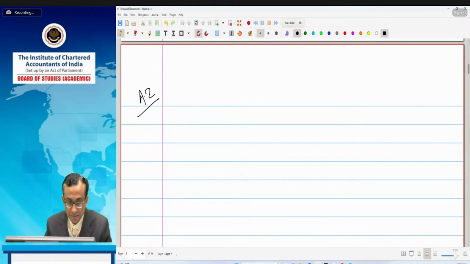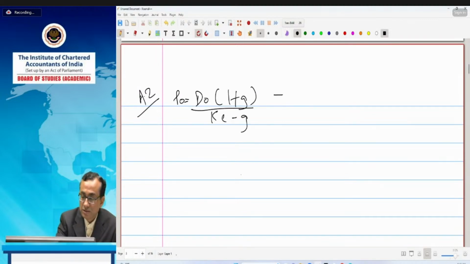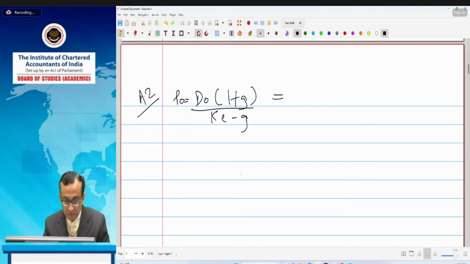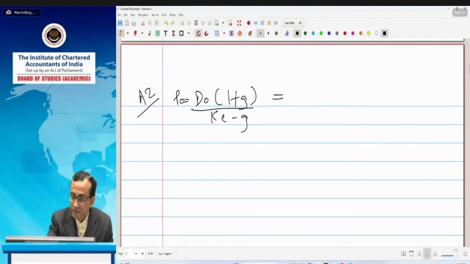Basically P0 is equal to D0 into 1 plus G upon KE minus G. D0 is given in the question, current dividend 2.5.